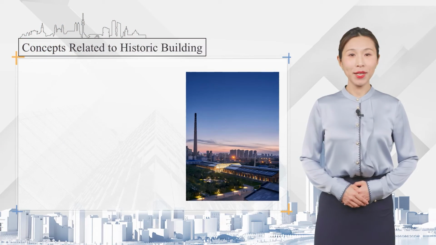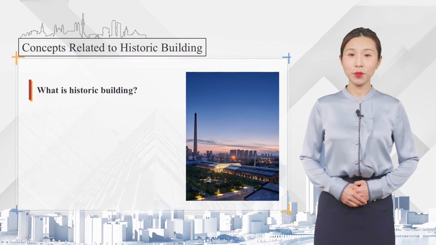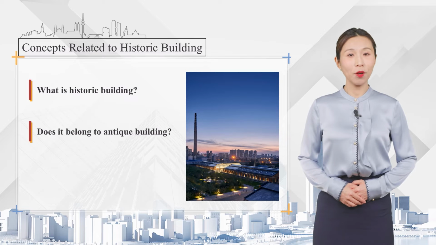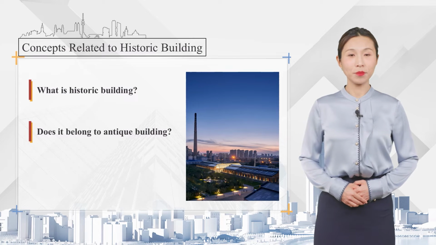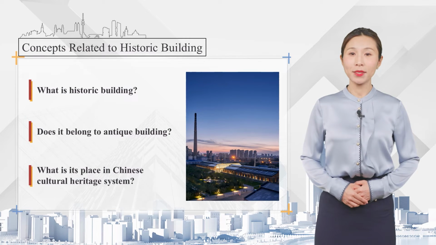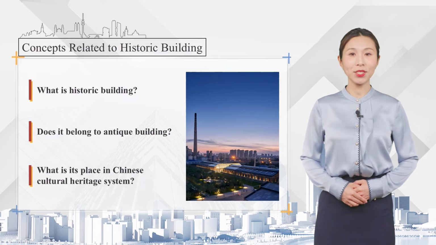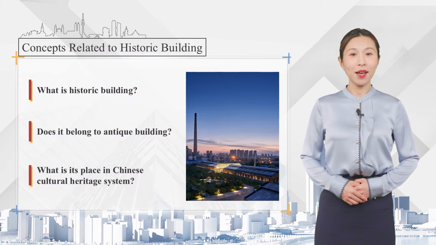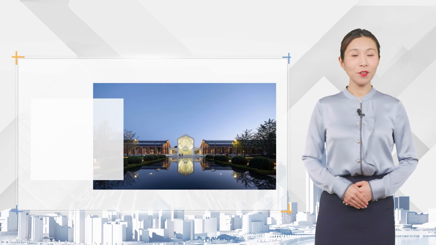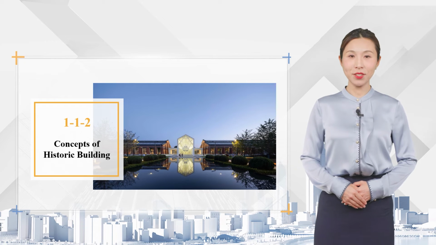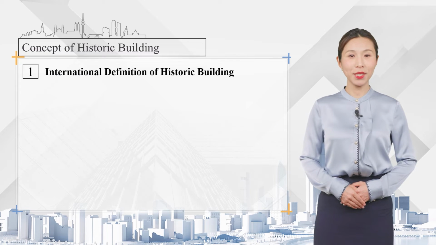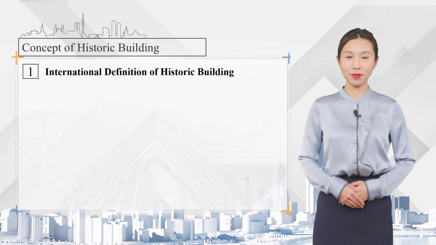The above mainly reviews some concepts related to historic building. What is historic building? Does it belong to antique building? What is its place in the Chinese cultural heritage system? Let's uncover the veil of historic building. First of all, look at the definition of historic building from the international background.